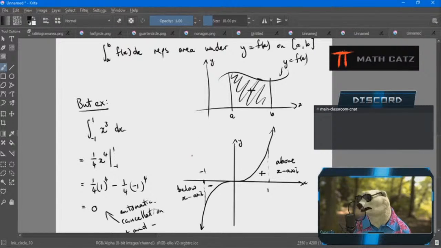But in more general situations, I have a crossing of the graph over the x-axis, creating an area above and an area below the x-axis. And the integral here really represents the net area between the graph and the x-axis.